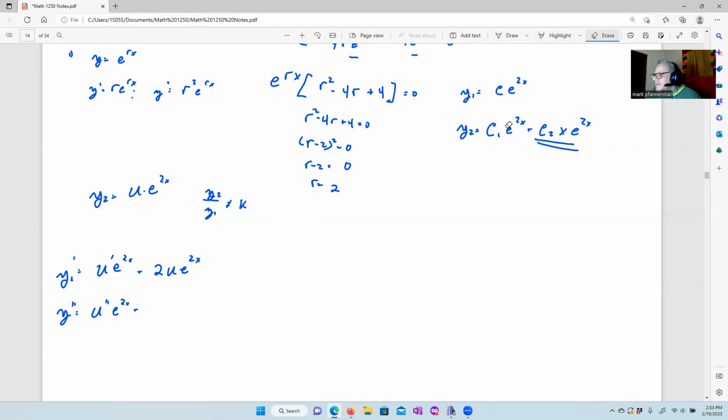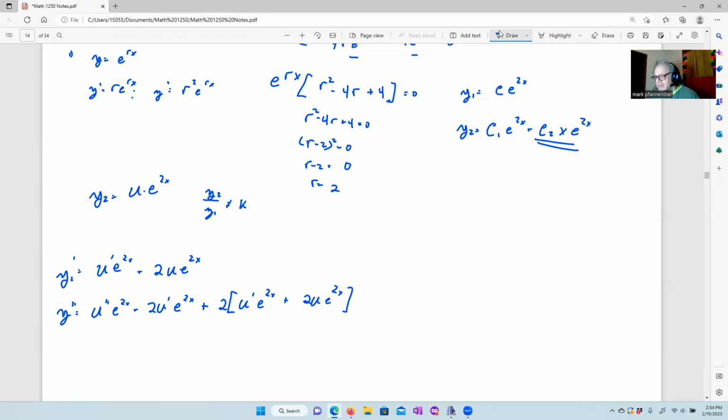So we're going to have plus 2, the derivative of the first times the second, so 2u prime e to the 2x. That's the derivative of this piece here. Plus, and now we need the derivative of this part: the derivative of the first, so 2u prime e to the 2x, plus the first times the derivative of the second, so it's going to be 4u e to the 2x.